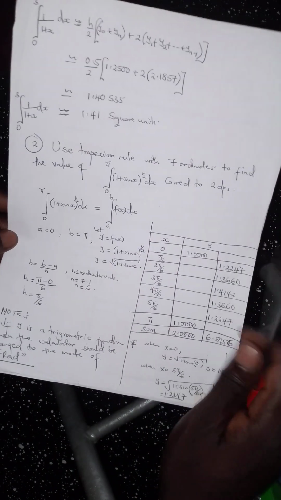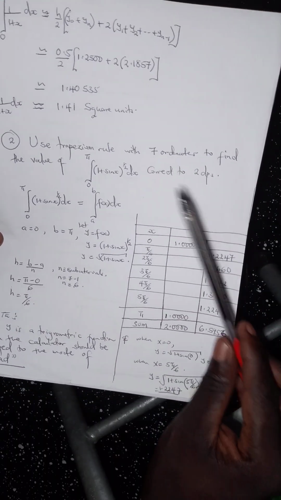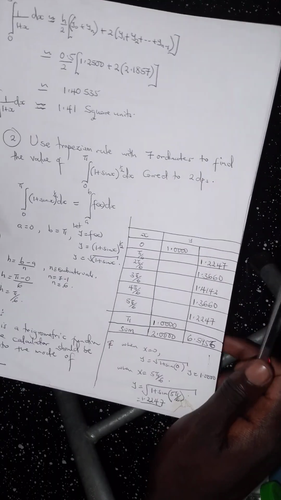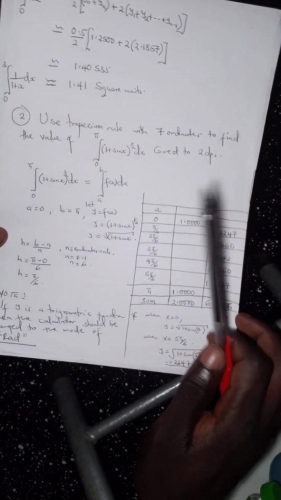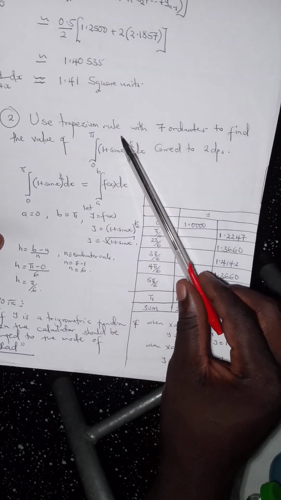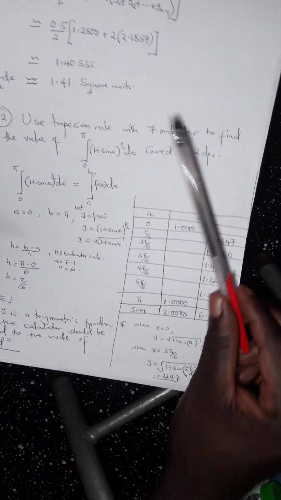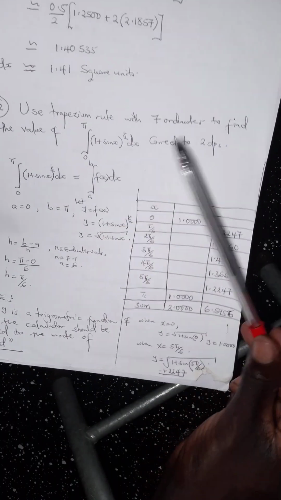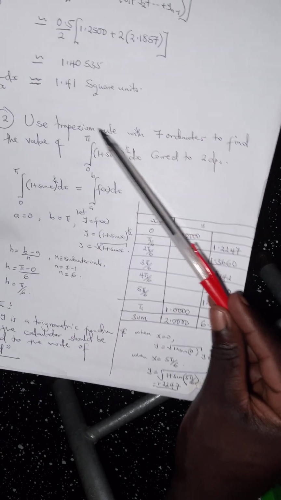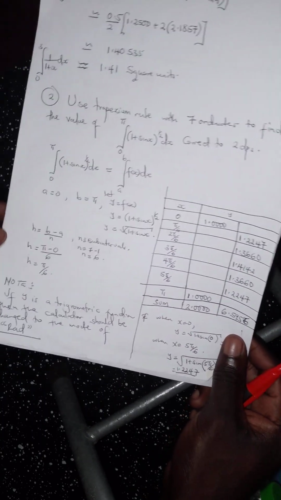Now, in some questions, they may not tell us to use the trapezium rule with the 7 ordinates or these sub-intervals to find the value of the integral. They may instead say use the trapezium rule with a class width, or using a width of pi over 6, to find the value of this correct to a given number of decimal places.